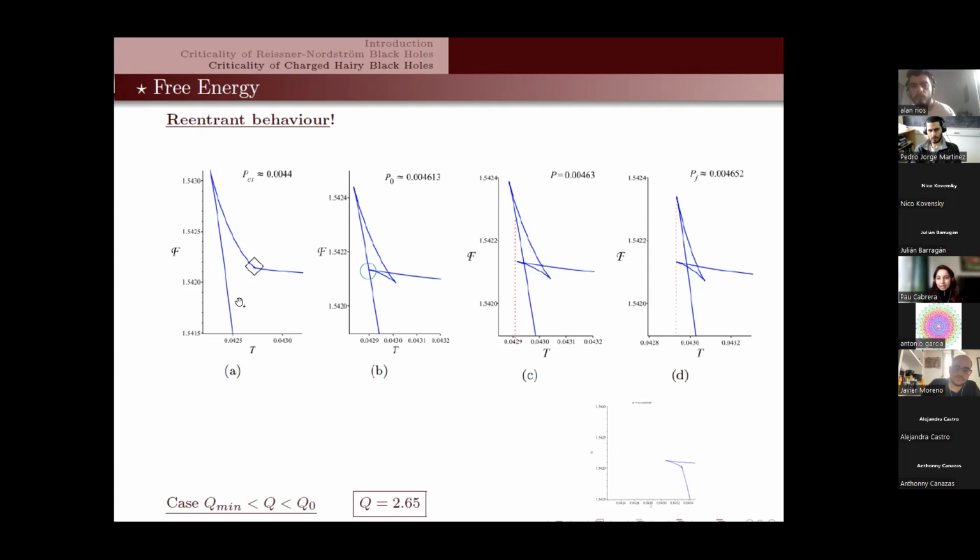In A, an inverted swallowtail is forming, but it is not a critical point because it's not the phase that minimizes F. This is the line that minimizes F. In B, a swallowtail is formed when the arm of the inverted one intersects the left part of F here.